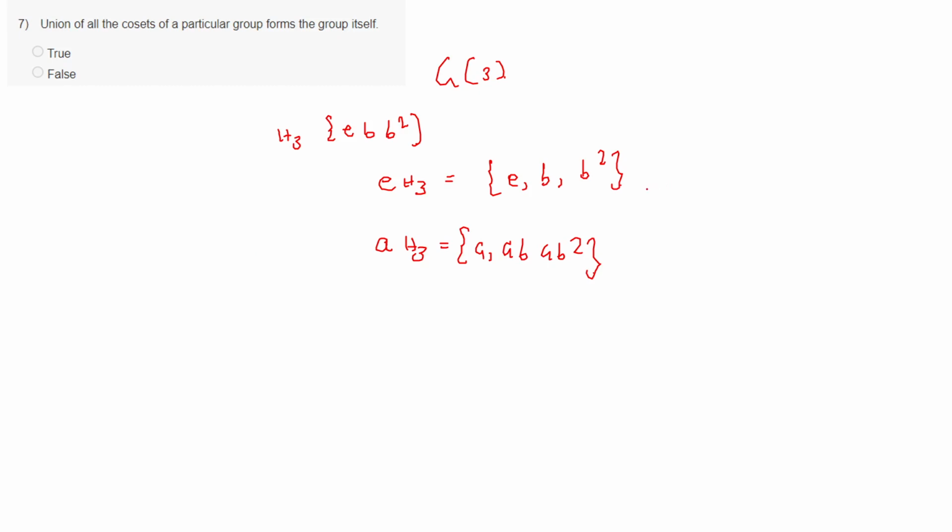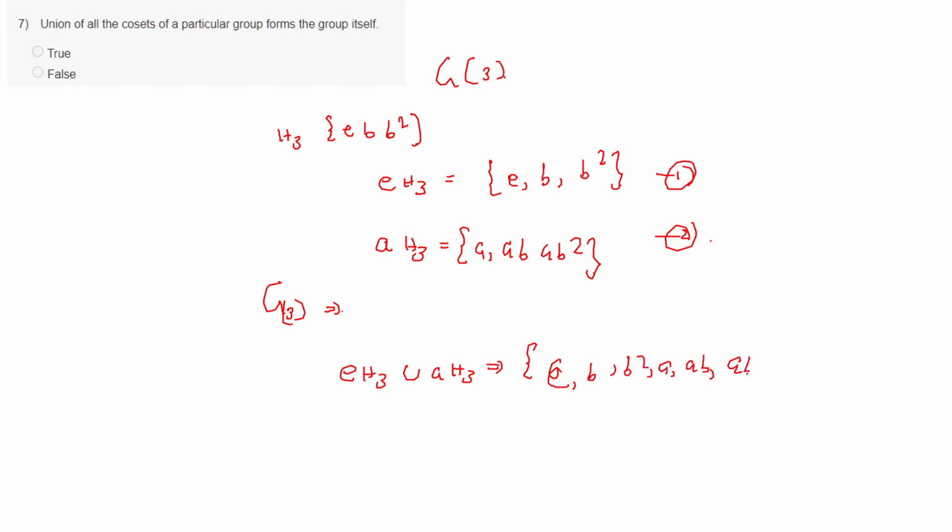So all the elements of group G3 are taken into account by the first coset and the second coset of the subgroup H3. Hence their union, E H3 union A H3, you will get the complete G3, that is E, B, B square, A, AB, AB square.